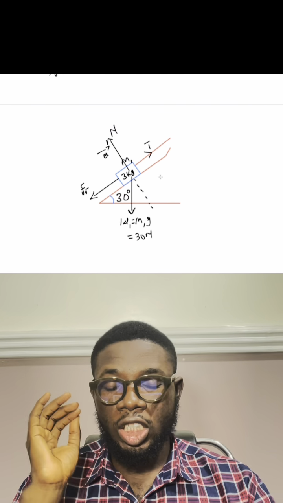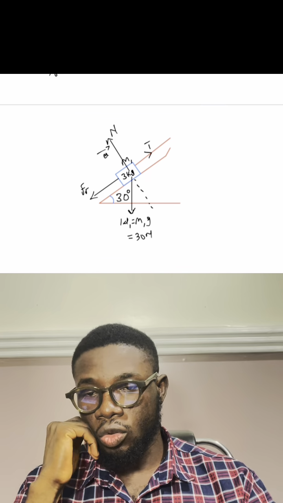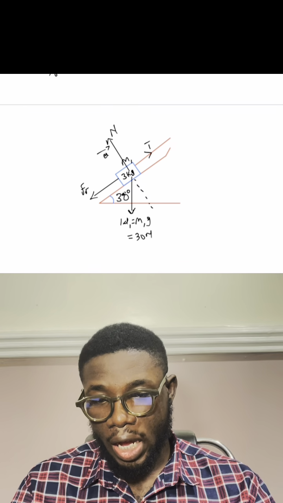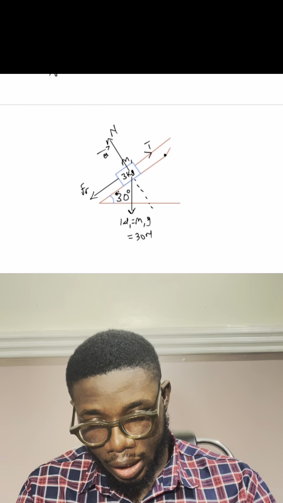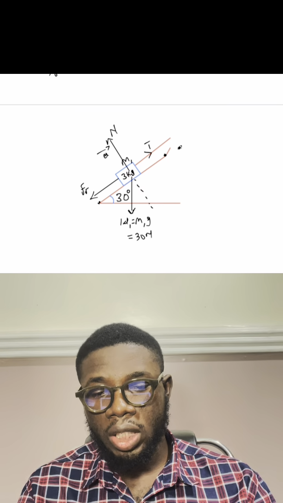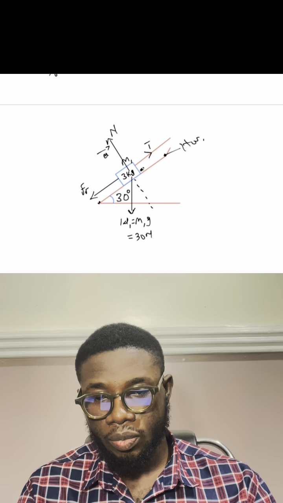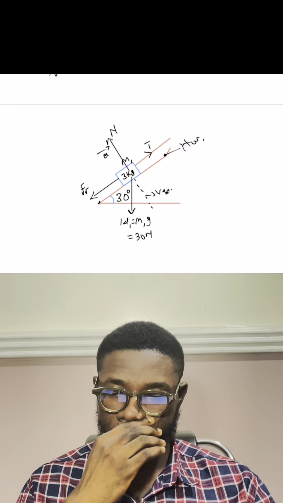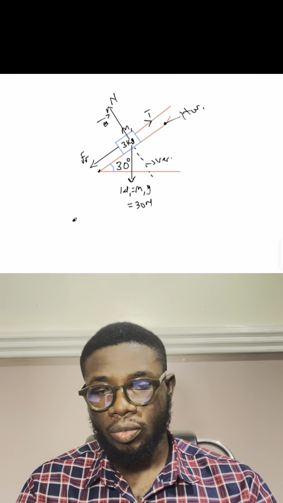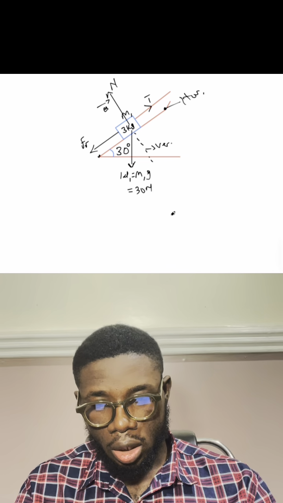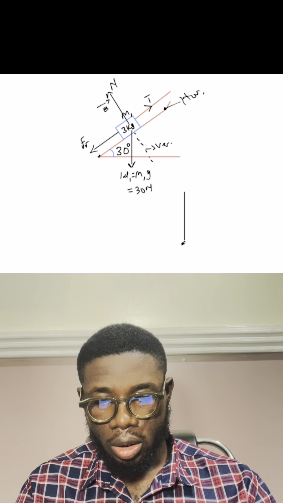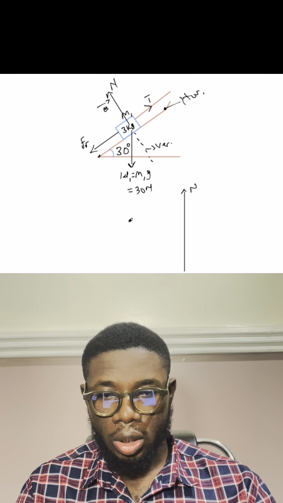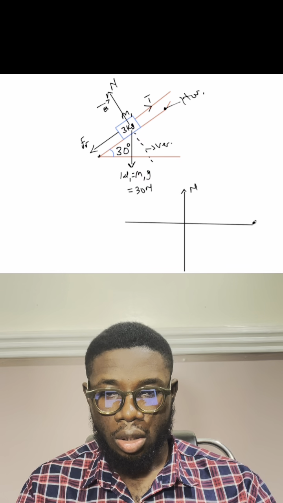So when you want to deal with this part, what you need to do first is rotate this. We want to assume that this inclined plane is our horizontal, and this normal line is our vertical. So I'm going to do that now. So this is my normal and this is my horizontal.